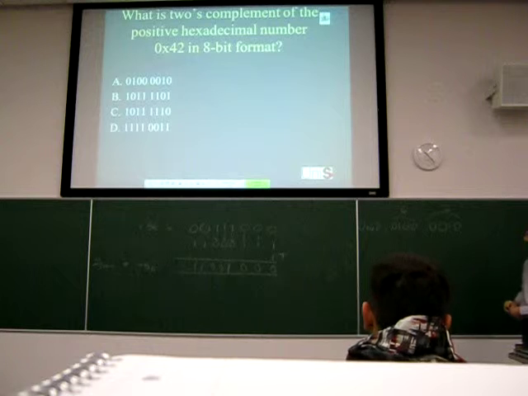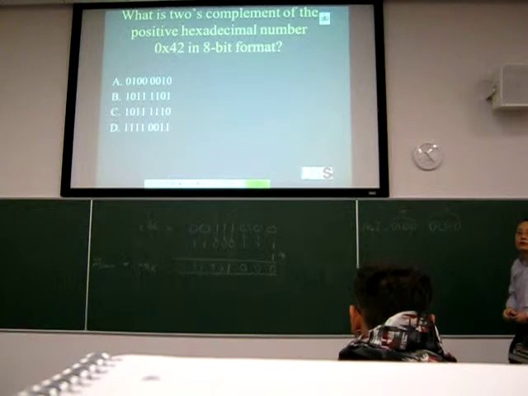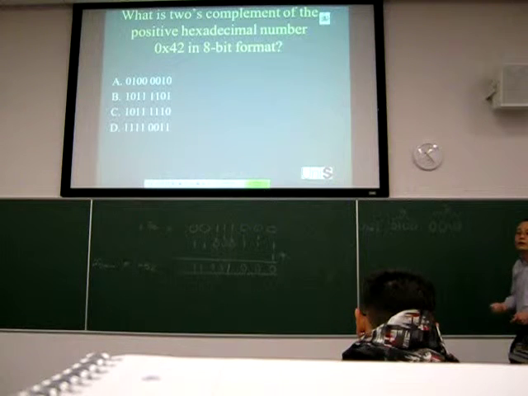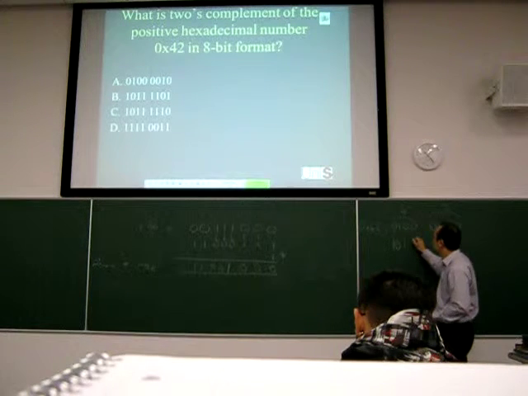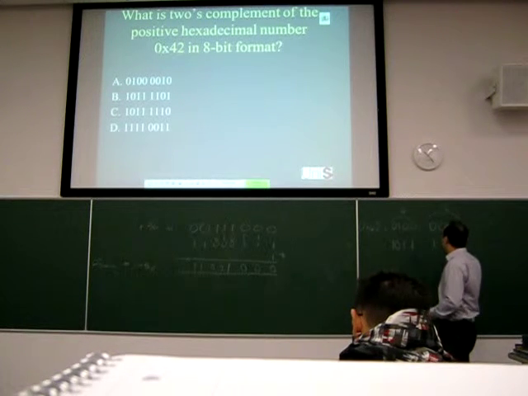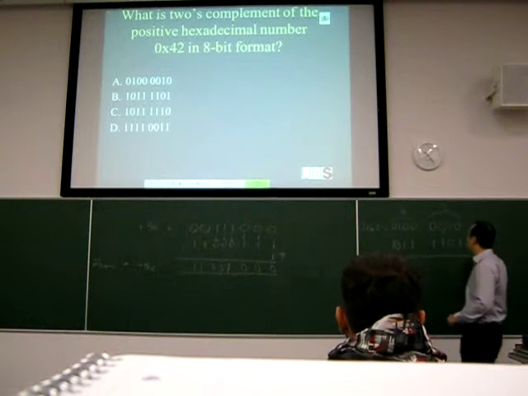And I need to represent that in 2's complement. So the first thing I should do is flip all the bits. And then add 1, right?